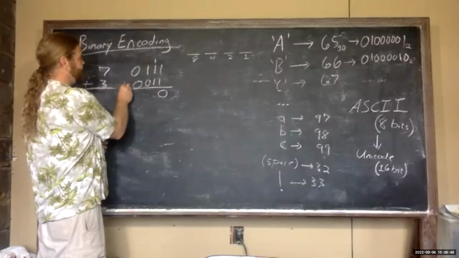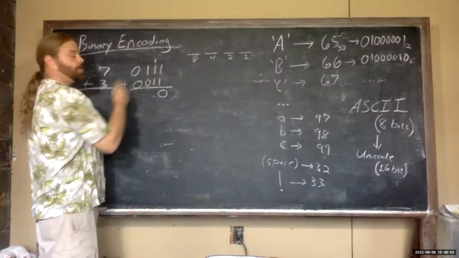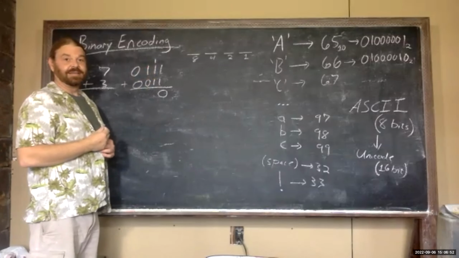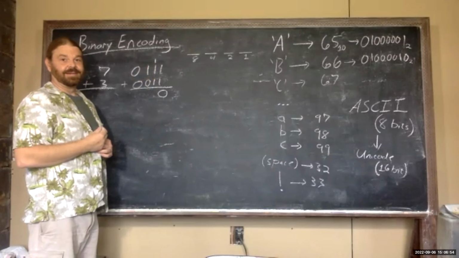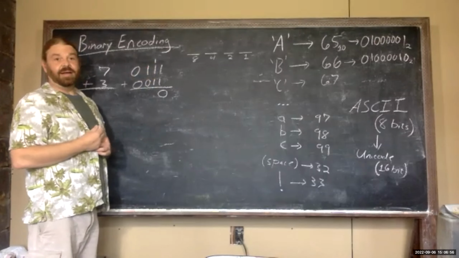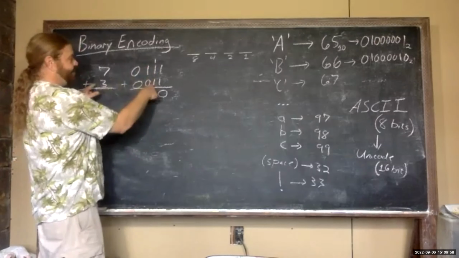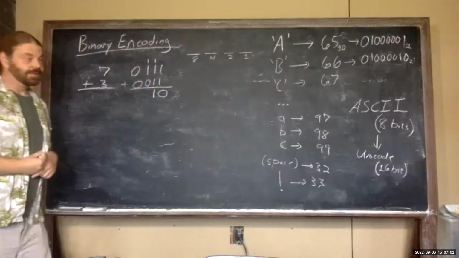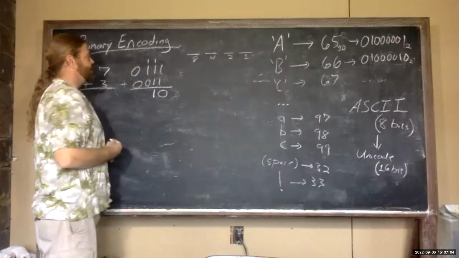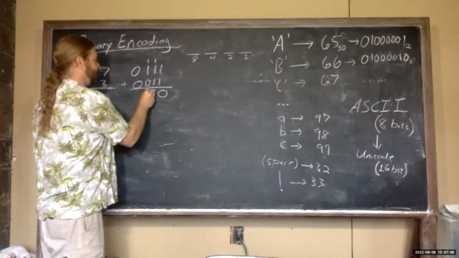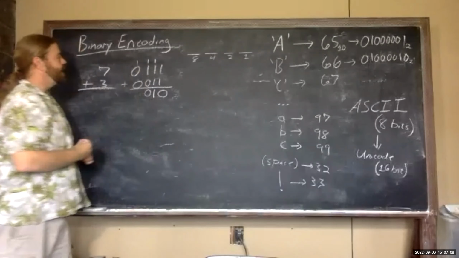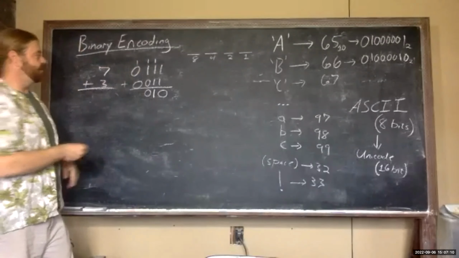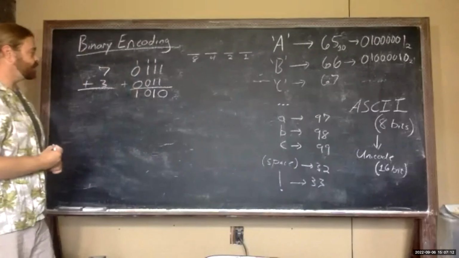But same thing here, we're adding. So 1 plus 1 plus 1 is how many? Yep. And we already have 3 in binary written on the board, so that's going to be 1 and we carry a 1. Again, 1 plus 1 is 2, or 0 carry a 1. And 1 plus 0 is a 1.